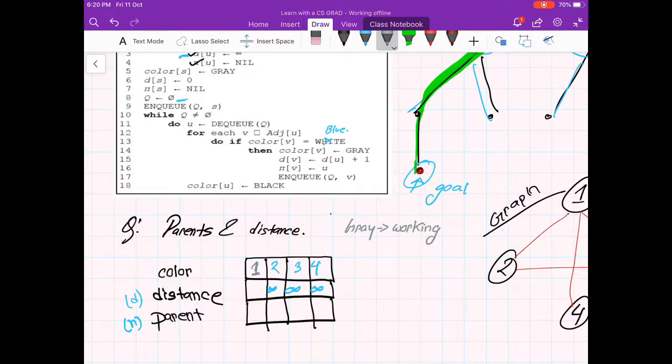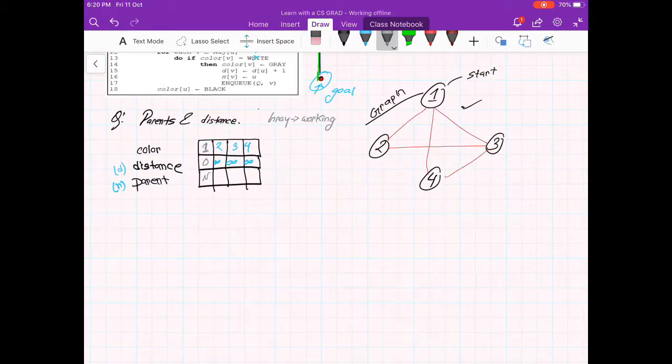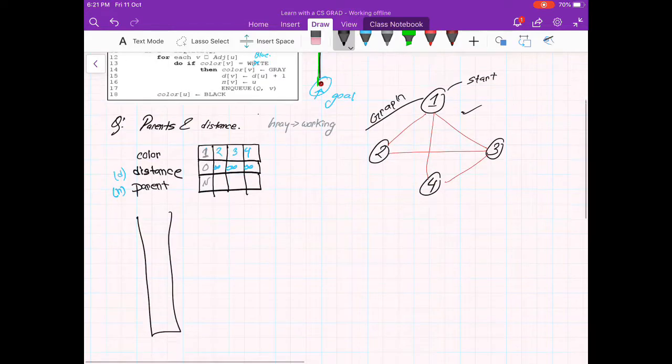The distance from the starting node to the starting node is 0, and the parent is nil, so we put nil here, because the parent of the root is no one. Then we put it into a queue, so let's make a queue here and insert 1.